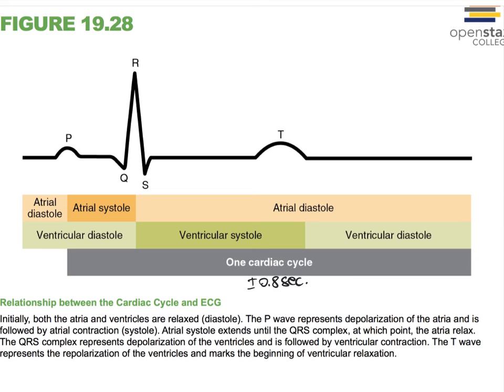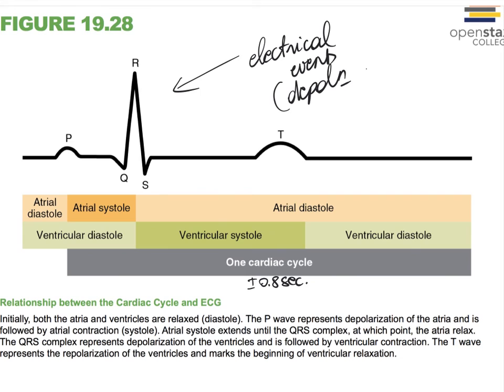I'm hoping that I'm making it very clear that the EKG shows the electrical events, but if we know when depolarization and repolarization occurs, we can therefore deduce when contraction and relaxation of our different chambers occur. Be sure you can distinguish that.